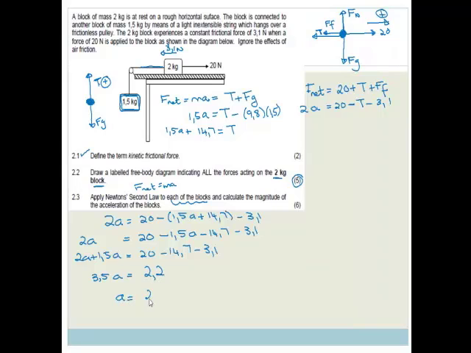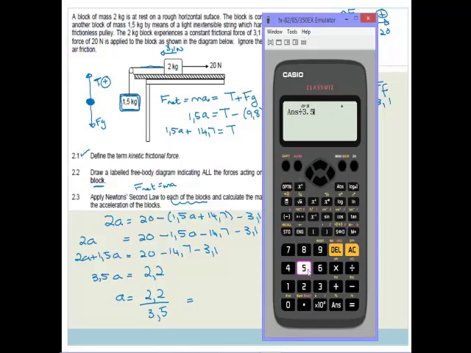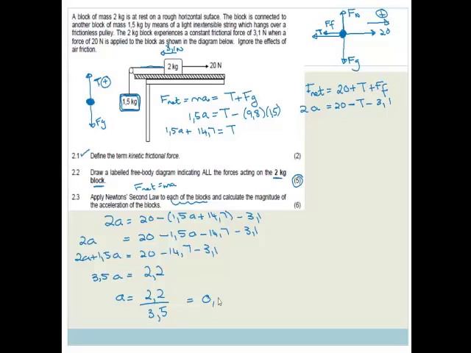Therefore A is 2.2 divided by 3.5, which equals 0.63. So that's 0.63 meters per second squared. And it is to the right because it's a positive value, but you didn't need to say that because they just say calculate the magnitude. That's actually a very nice question in grade 12s.